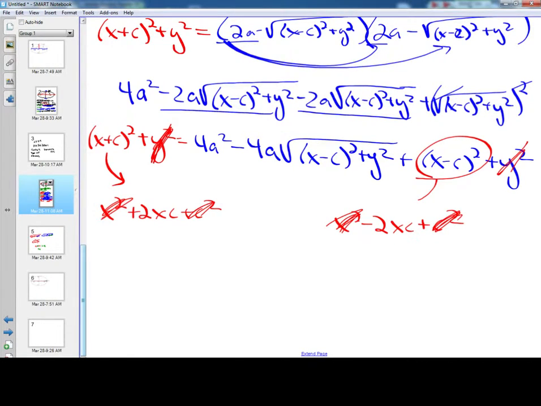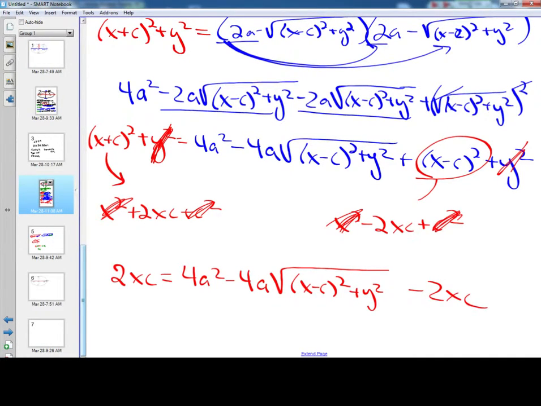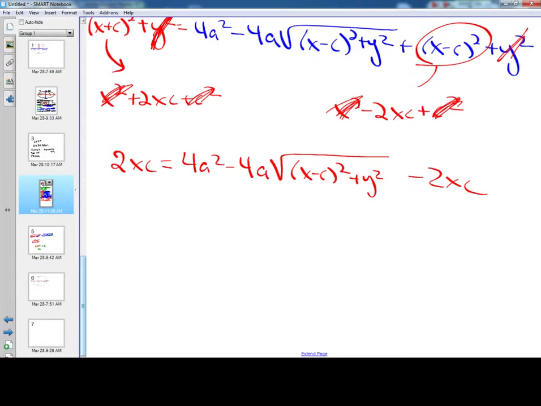So we would have 2xc is equal to 4a squared minus 4a square root of x minus c quantity squared plus y squared minus 2xc. So these cancel out.